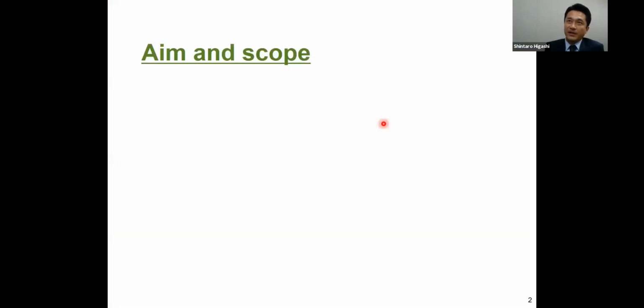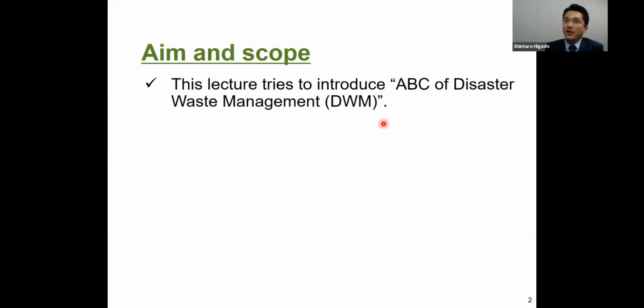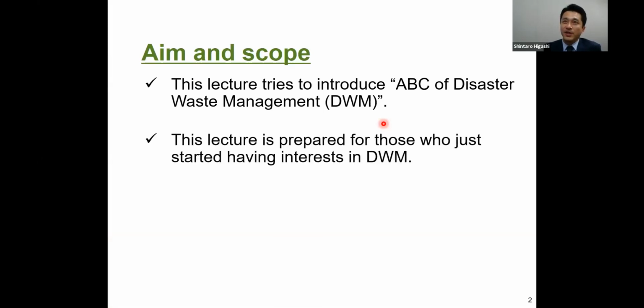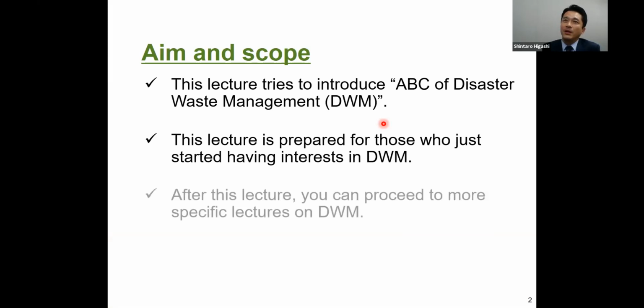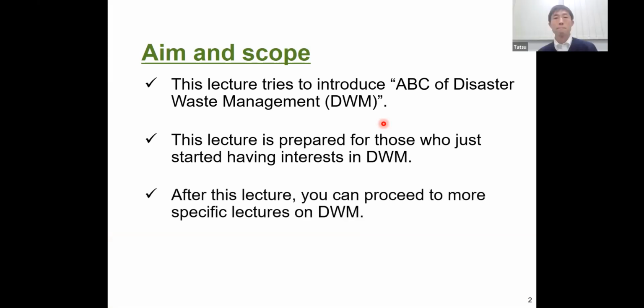First, I'd like to show the aim and scope of this lecture. This lecture tries to introduce the ABC of disaster waste management. Secondly, this lecture is prepared for those who are just starting to have an interest in disaster waste management. After this lecture, you can proceed to more specific lectures.